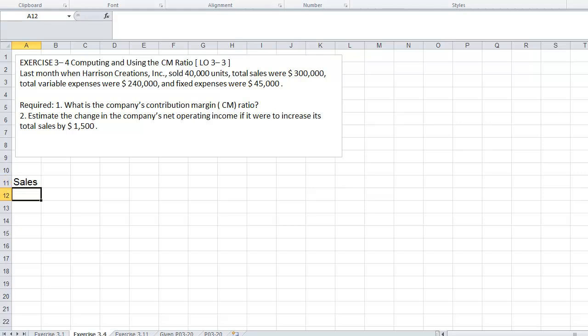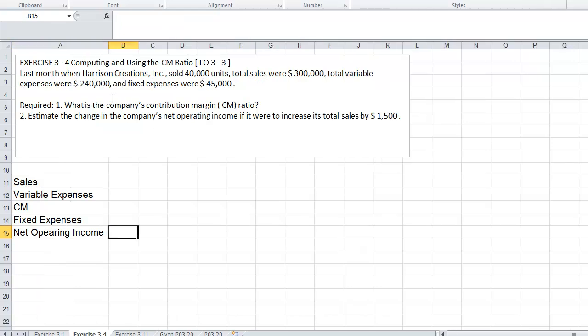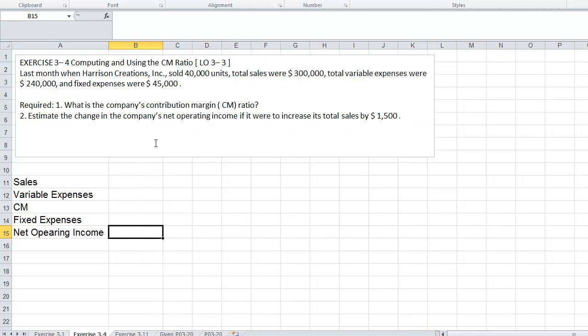Okay, so we're going to do sales, variable expenses, contribution margin, which I'm going to call CM from right now on, fixed expenses, and net operating income. Okay. So I'm also going to call this total and per unit.